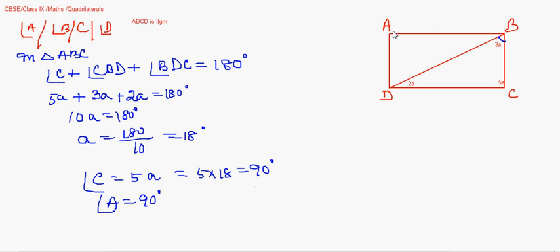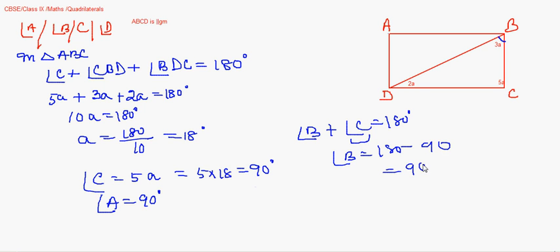Also we know line AB is parallel to DC, thereby making angle B plus angle C to be 180, as they are interior angles on the same side. If angle C was 90, then angle B will be 180 minus C, that is 90 as well, thereby making angle D 90. So angles A, B, C, D in this figure are all 90 degrees.